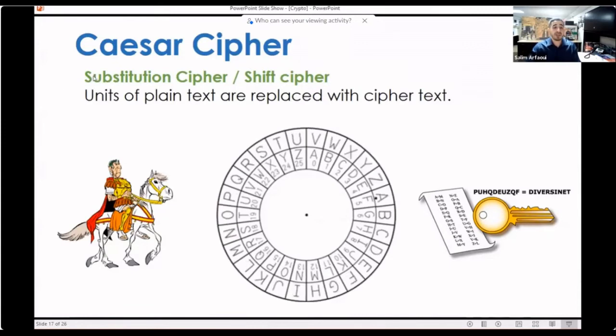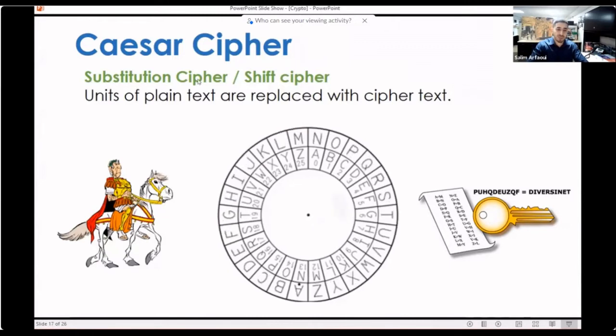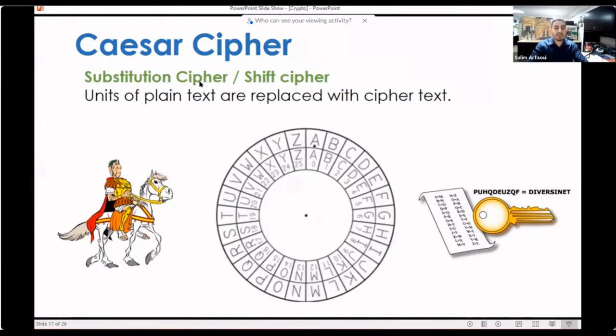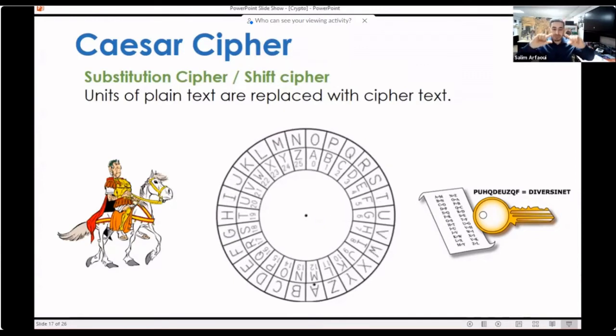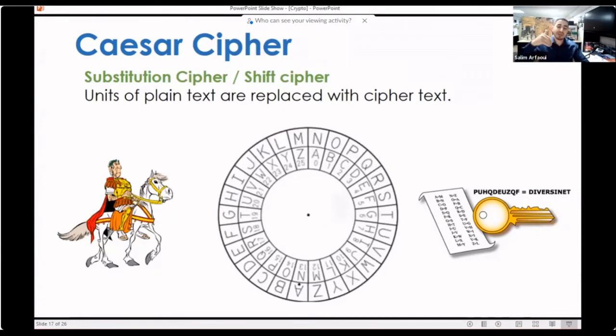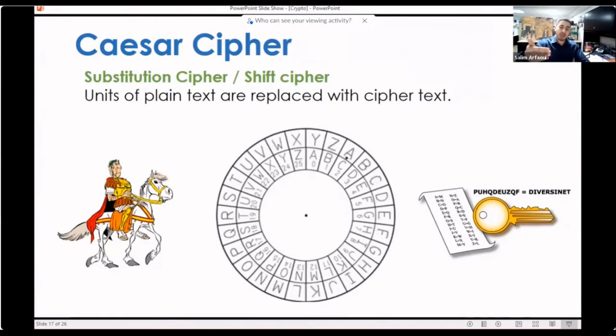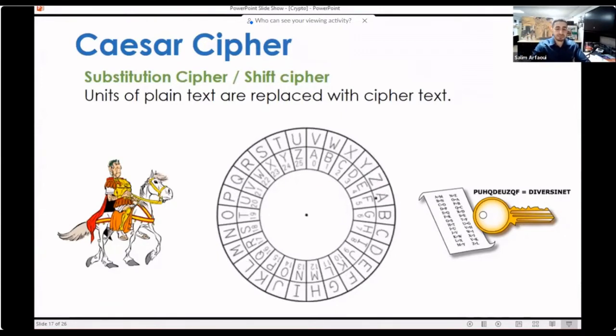One thing you should remember about the Caesar cipher is that it is called a substitution cipher. What that means is that units of plain text in the original message will be transformed, substituted, replaced with new units of text.